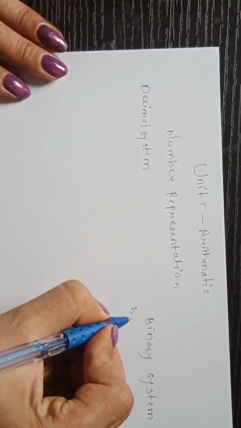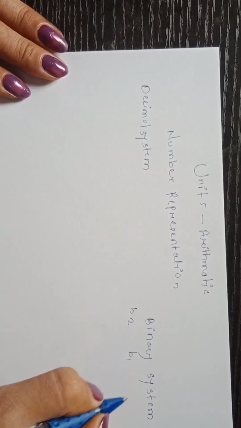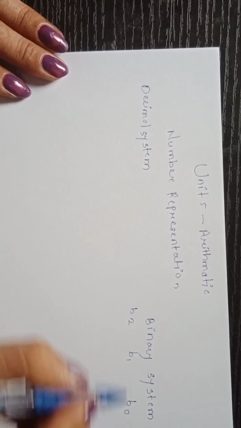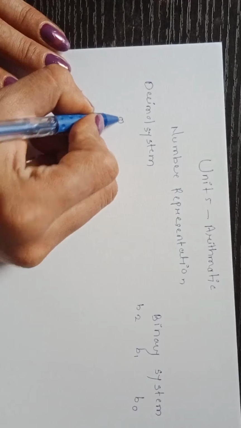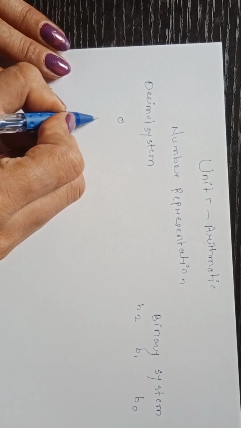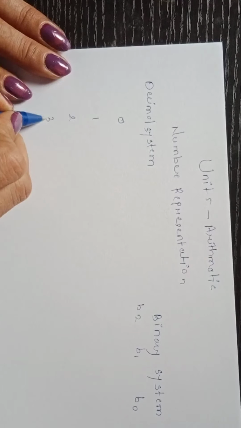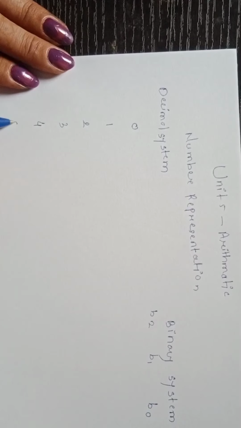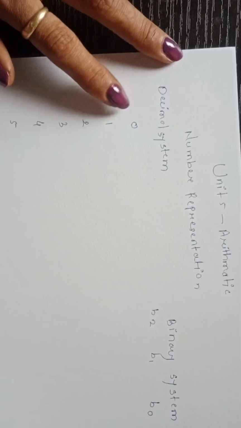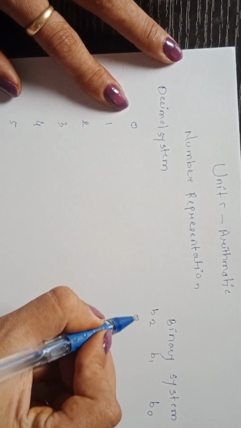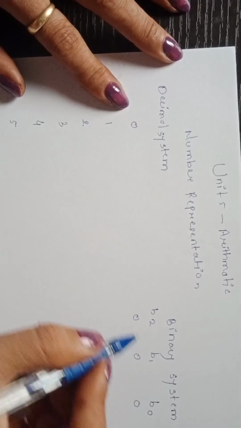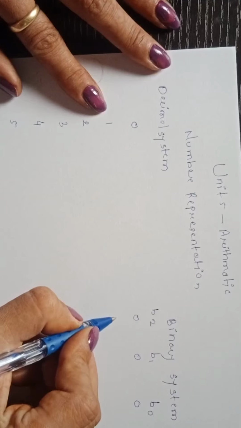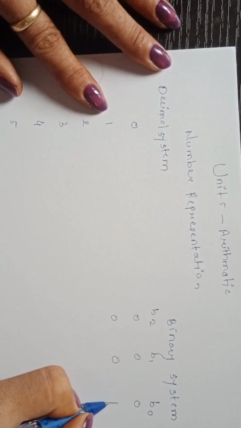Initially let's consider 3 bits, that is B2, B1 and B0, and the decimal numbers go from 0 to 7. Now what is the binary representation of 0? That is 0 0 0. Then for 1 it is 0 0 1.